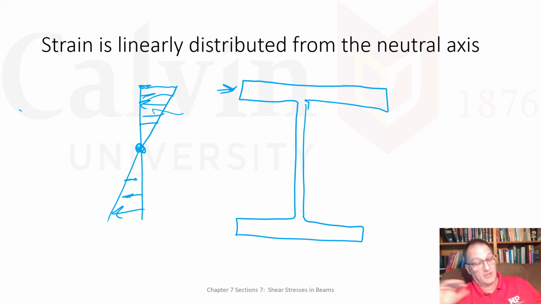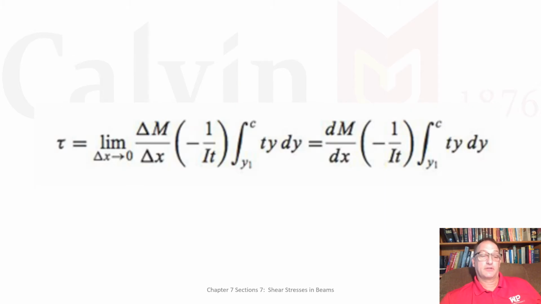The equation for the transverse shear looks like this. The shear is the limit as x goes to 0 of how the moment changes in x.